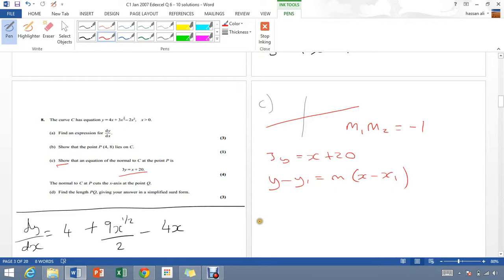Once you've got that, you know your x value is 4, and we have to work out what our m value is. Remember when you have to find a gradient, you differentiate. You've already done that over here, so all I want you to do is put in x equals 4. So you put in your value there, so you've got dy/dx. Just show the examiner what you're doing. So it's going to be 4. We're going to solve in this equation here.